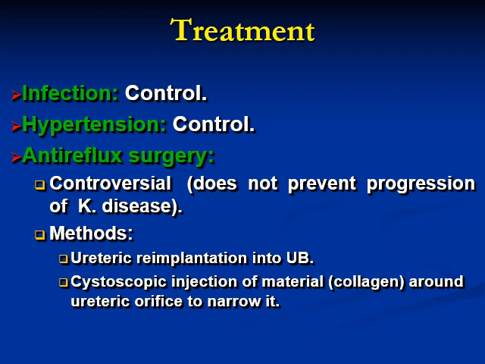If the patient develops hypertension, this should be controlled adequately. Anti-reflux surgery is controversial as it does not prevent the progression of the renal disease. The methods include ureteric reimplantation into the urinary bladder or the cystoscopic injection of a material such as collagen around the ureteric orifice to make it narrower.